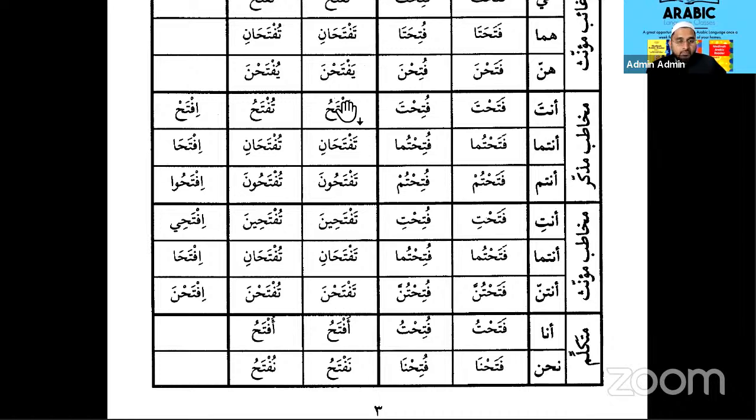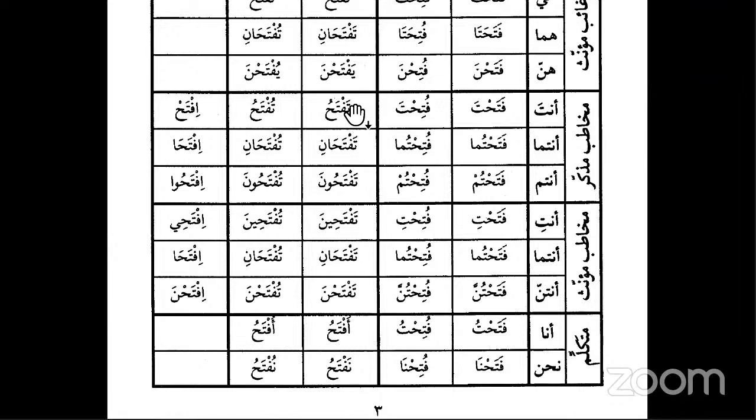Right. Now, whenever you are ordering someone, you order the person who's in front of you. So taftahu, taftahani, taftahuna, taftahina, taftahani, taftahna. These six are what you make the imperatives from. As I explained in the recordings, you need to remove all of the tas from the beginning.